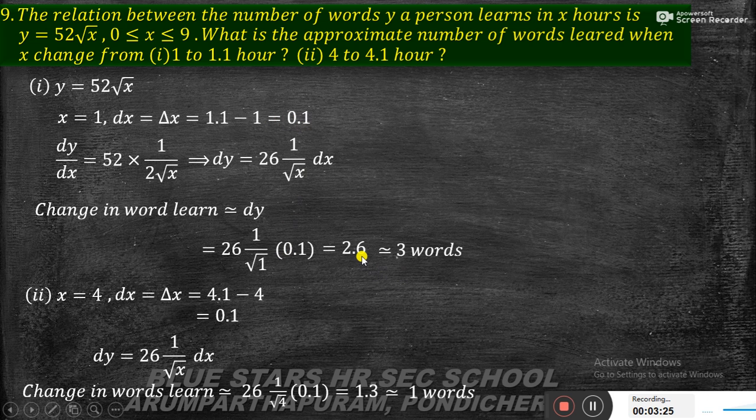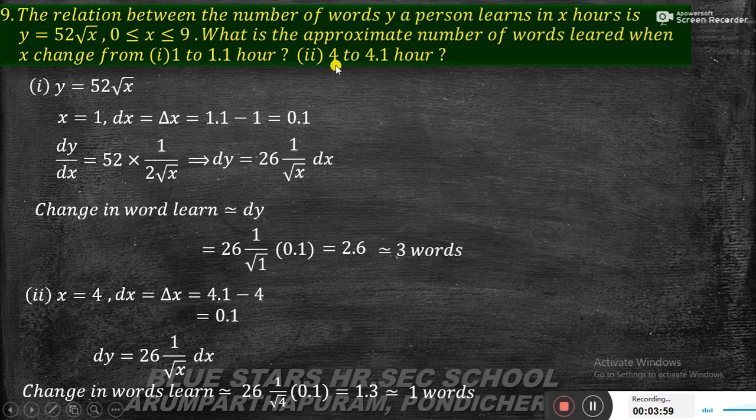So 26 into 1 by root 1 is 1, and 26 into 0.1 is 2.6. So 2.6, this is a 6, and above 5 we round up the numbers. That means we add 1 to 2, so 3. We round up the 2.6 to 3. So 3 words. Therefore, the man learned 3 words in the timing of 1 to 1.1 hours.